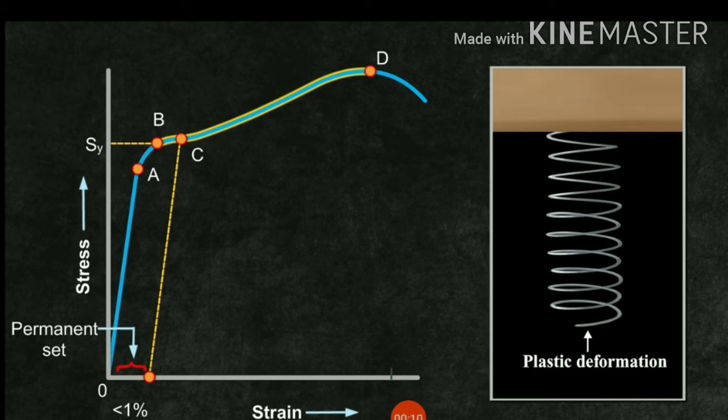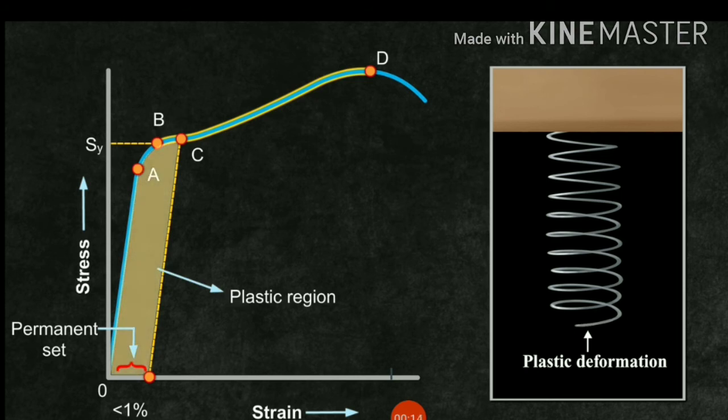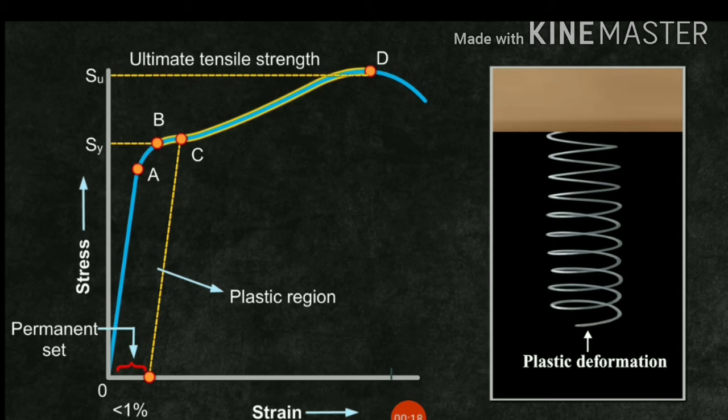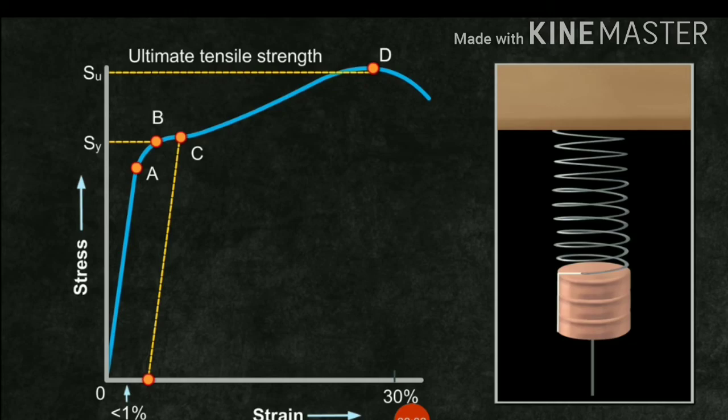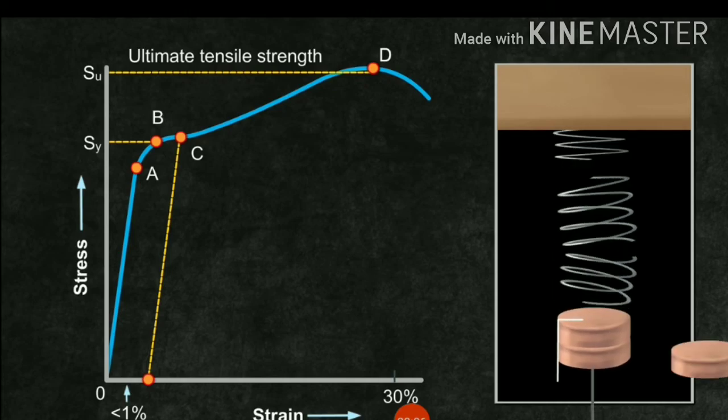The deformation is called plastic deformation, and the region is known as the plastic region. The point D on the graph is known as the ultimate tensile strength, denoted by SU, of the material. Beyond this point, additional strain is produced even for a small applied force, and fracture occurs at point E.